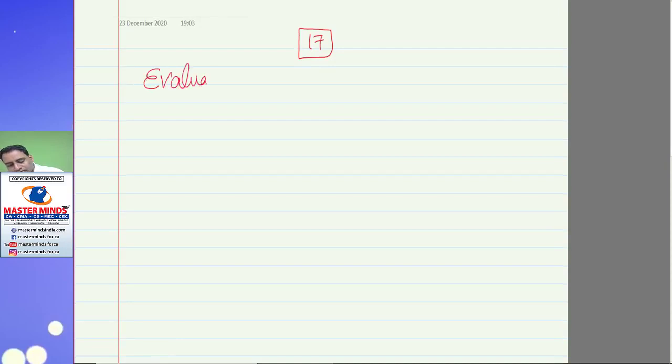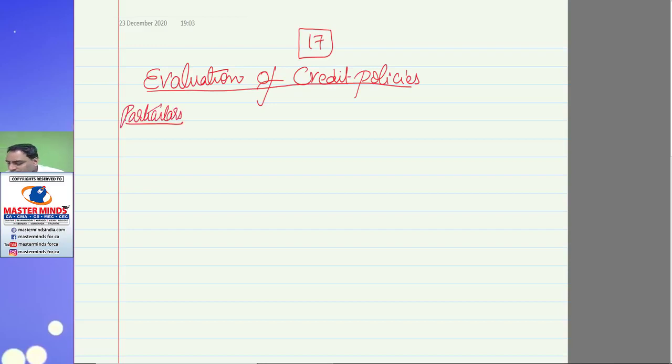Evaluation of credit policies. Particulars: present, A, B, C, D.